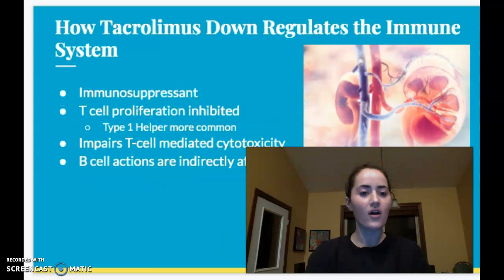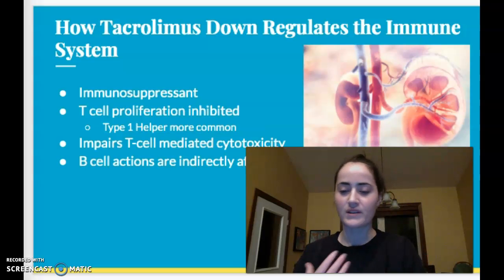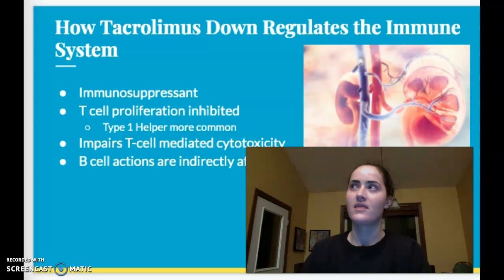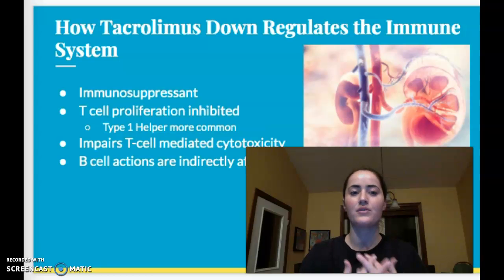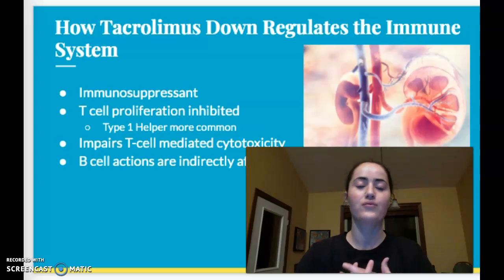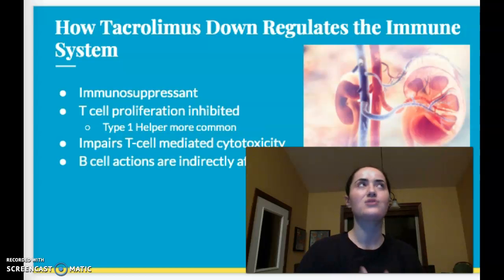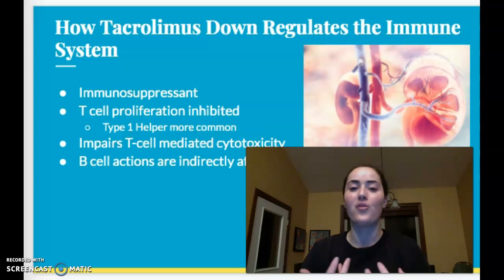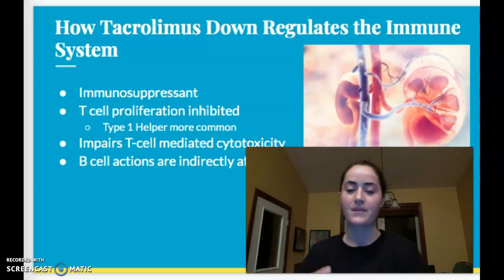Now, overall, what does tacrolimus do to downregulate the immune system? How does it produce this needed effect, especially following organ transplant? Like we said before, tacrolimus is an immunosuppressant drug. It aims at decreasing the activity of the immune system, and you want to do this because you don't want our own bodies to attack that new organ or see it as an invader or pathogen, something other than self.